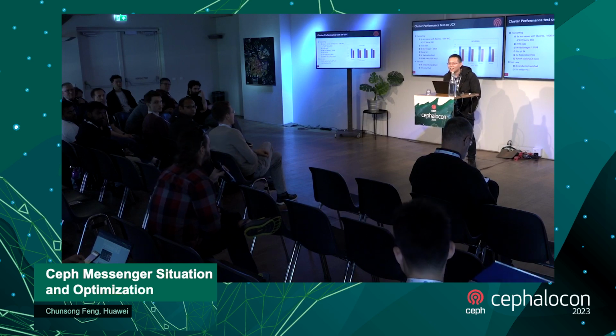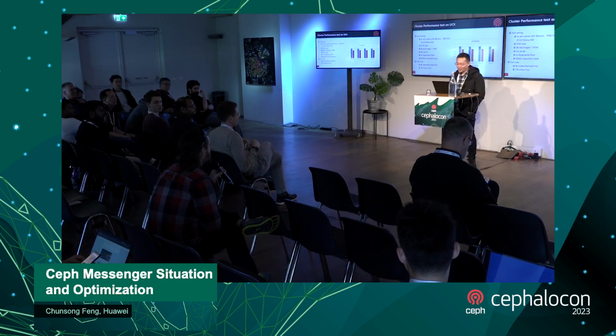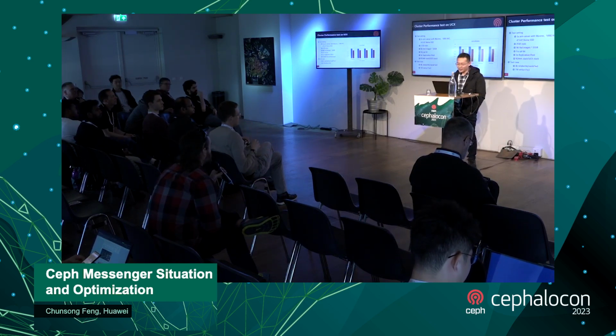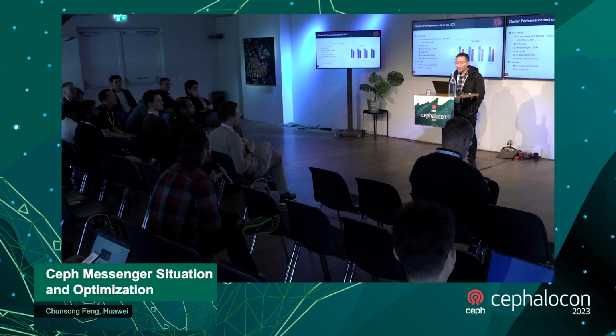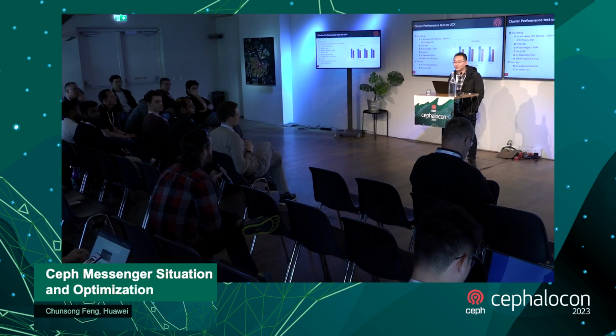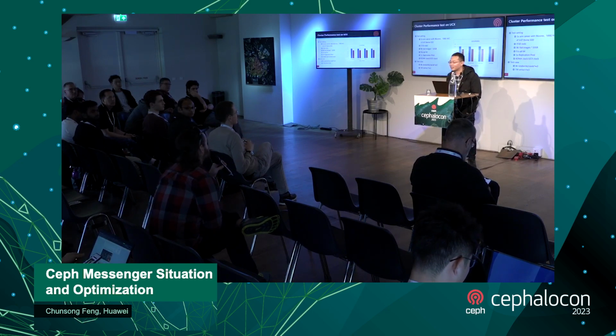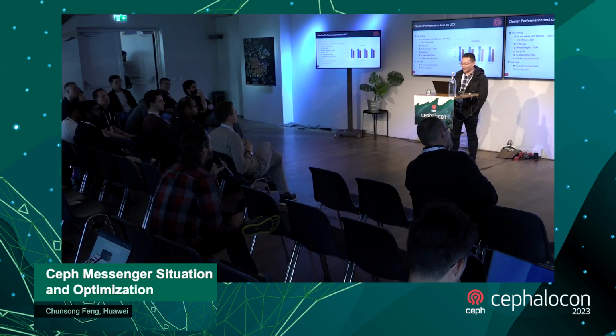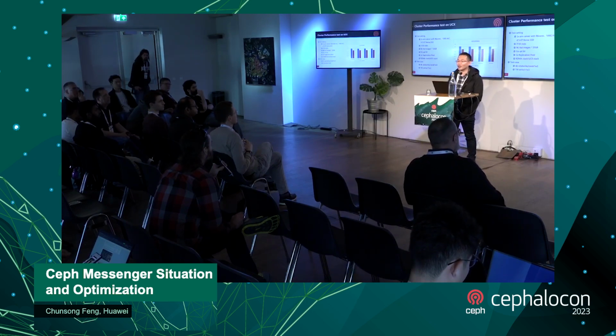When you say 10%, you mean throughput, right? For the test case, the 4 kilo random write and random read. Does it have any effect on tail latency? Did you measure that? Does it have a significant effect on latency, particularly tail latency? Oh, we have not.